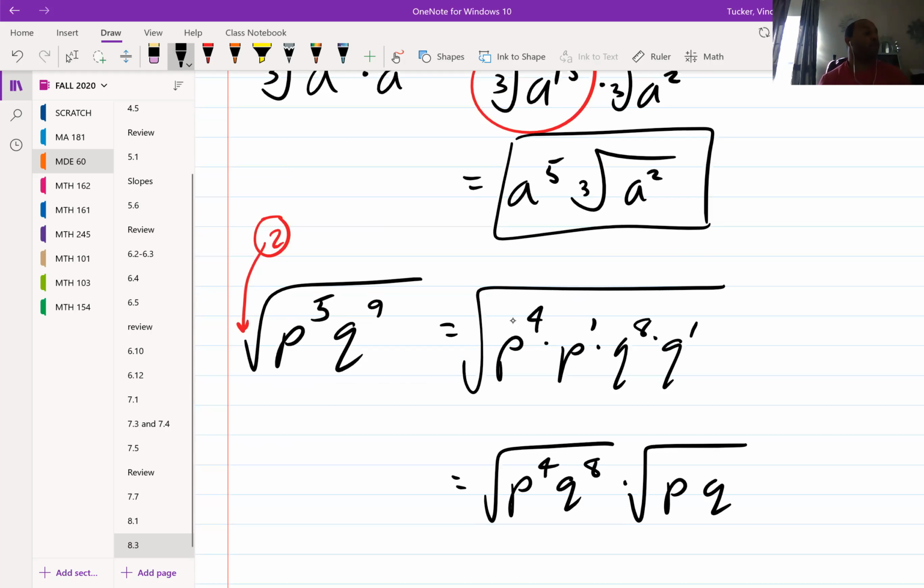And I put what I can take the square root of on the one radical, and then what I cannot take the square root of in the other radical.